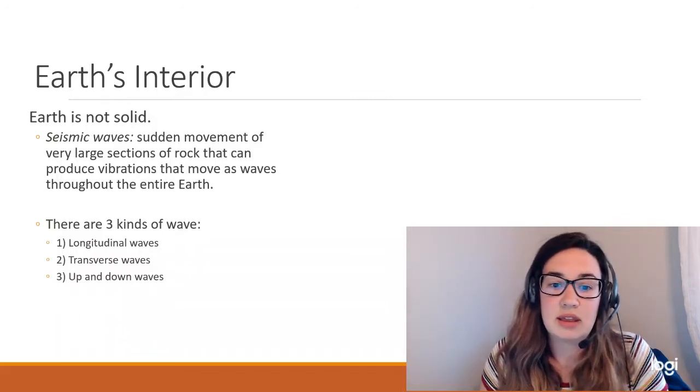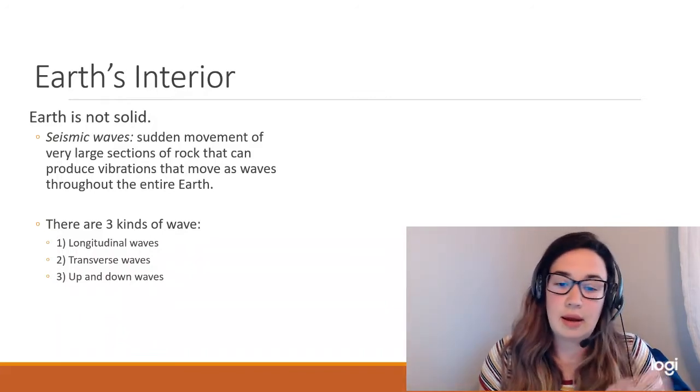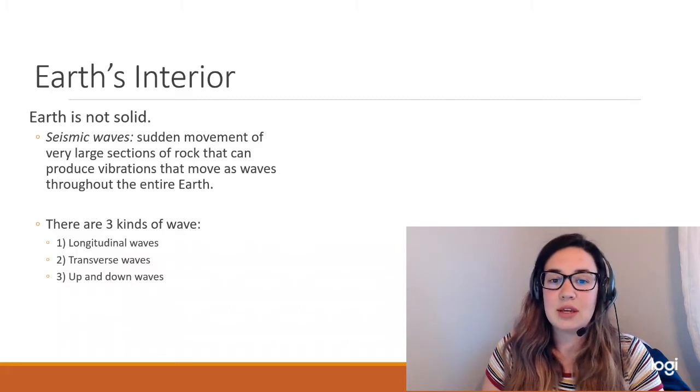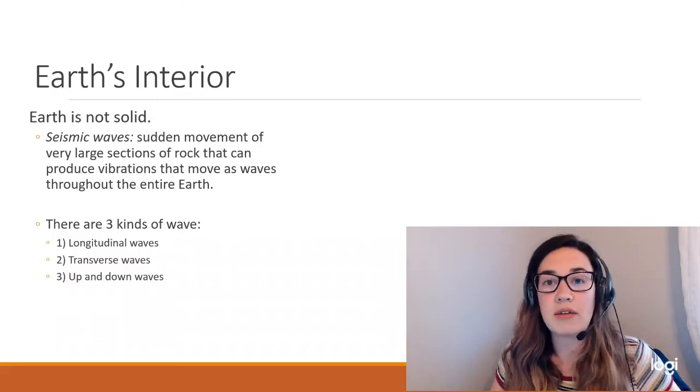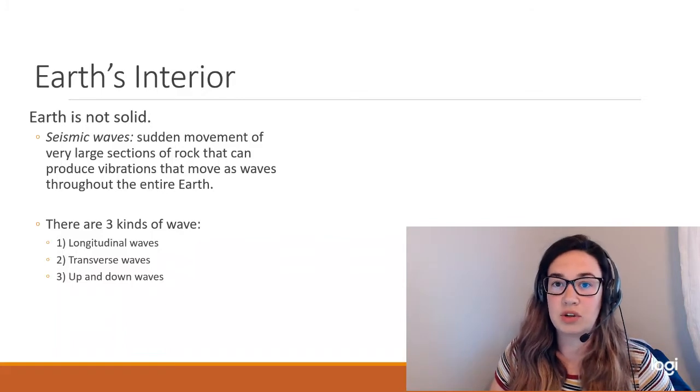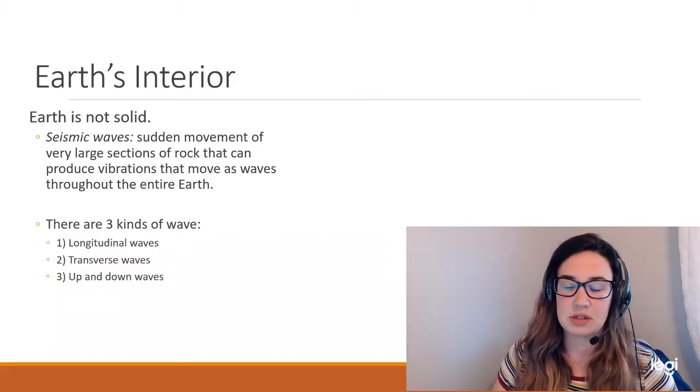And you can see them listed as longitudinal waves, transverse waves, and up and down waves. So we're going to go deeper into depth on each of these waves here. And I also have included a short little visual for you guys to see how the waves move, because it just doesn't do it justice to describe them. It's better to actually be able to physically see them.